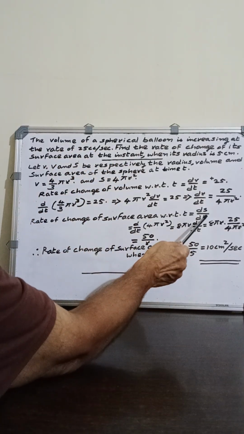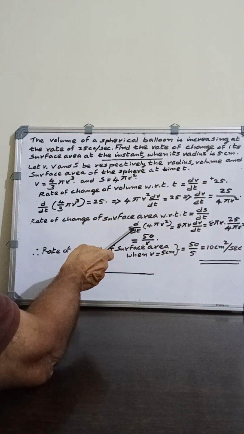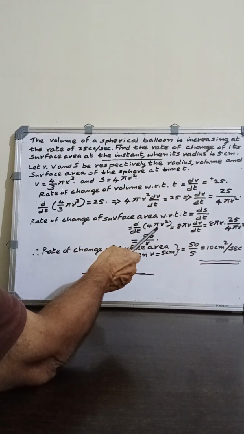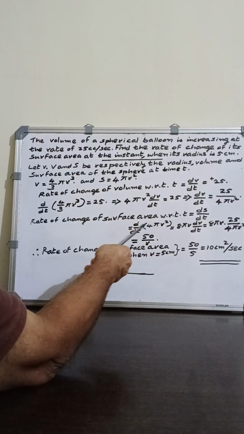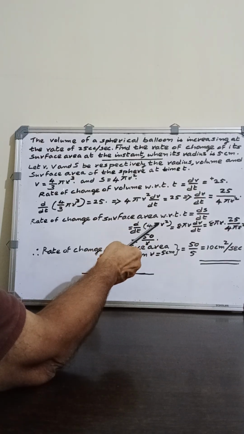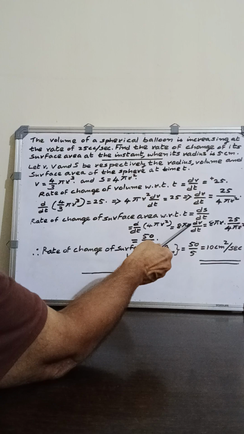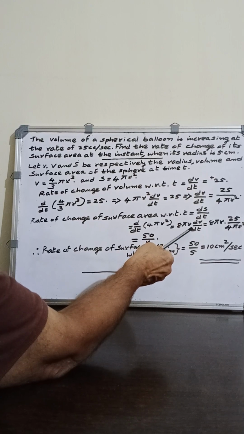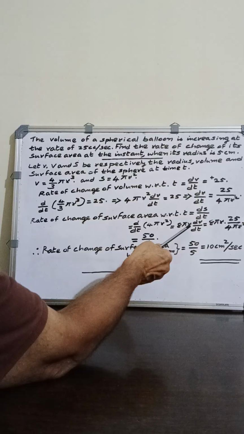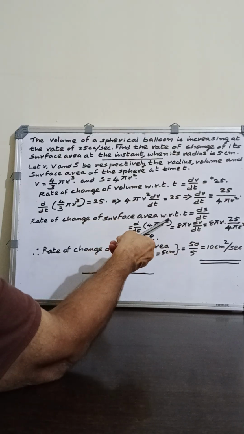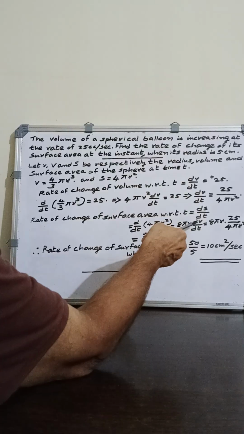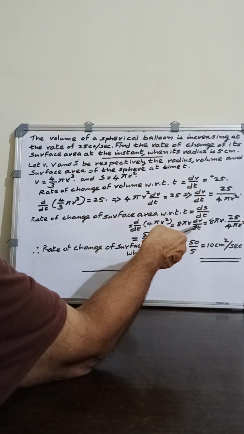Therefore, dS by dt equals d by dt of 4 pi r squared, which equals 8 pi r dr by dt. That is the differential of 4 pi r squared. dr by dt is implicit.